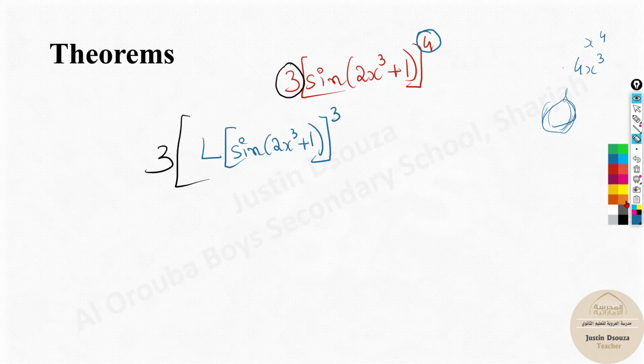Now, what is the next part? Let me just write this 4. This is done. Next part of the onion. First, the power rule, the most important, the outermost function. Now go inside. The inside one would be sine, right? This is already gone. Imagine that as the bud of the onion.